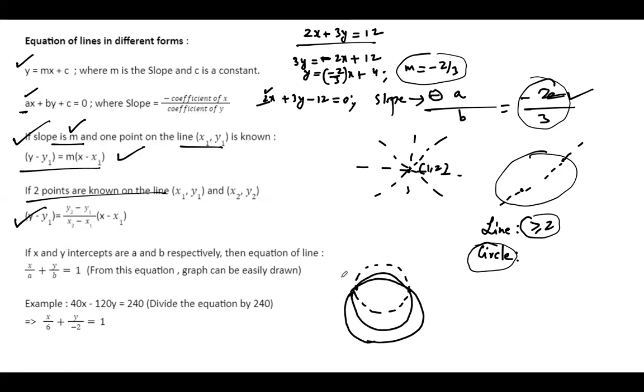How many circles are possible that are passing through 2 points? Infinite. So for a circle, you will need at least 3 points. You need to have information about 3 points that are lying on the circle. Okay? Important point that I've just told.